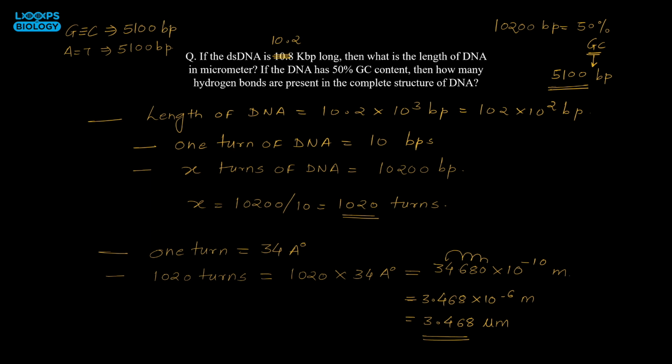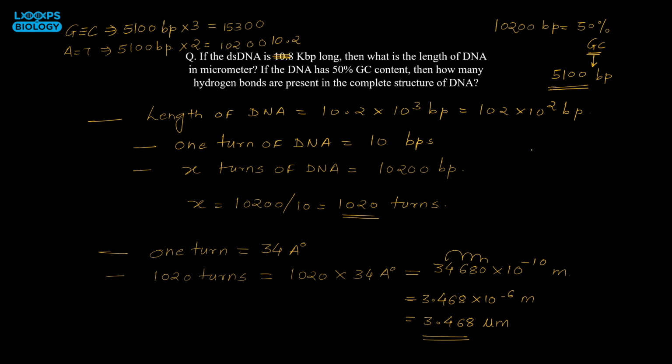They are completely making 10200 base pairs. Now, whenever I am considering guanine and cytosine, we know that there are three hydrogen bonds. So multiply by 3, and the answer will be 15300. And whenever I am considering adenine and thymine, there are two hydrogen bonds. So the answer will be 10200.